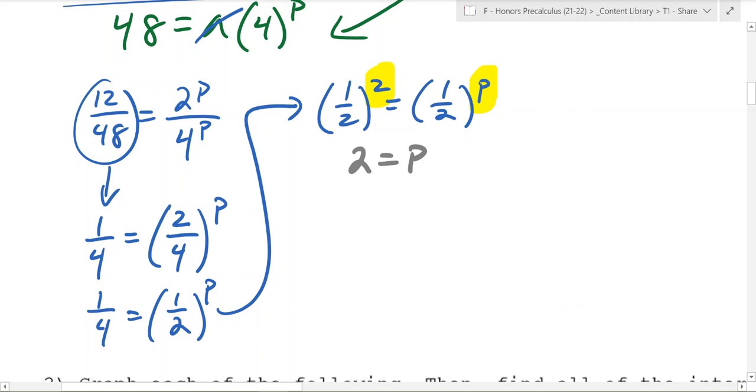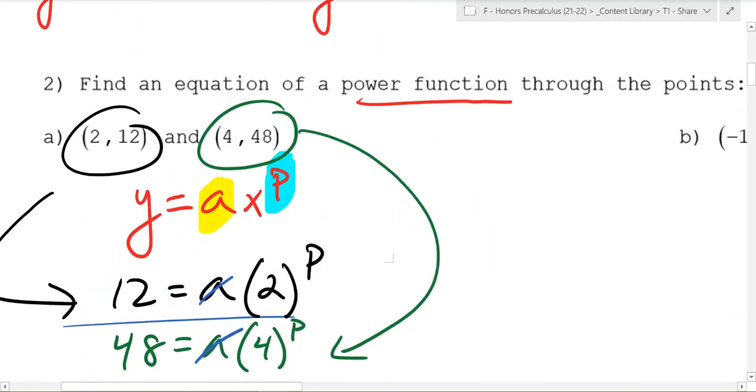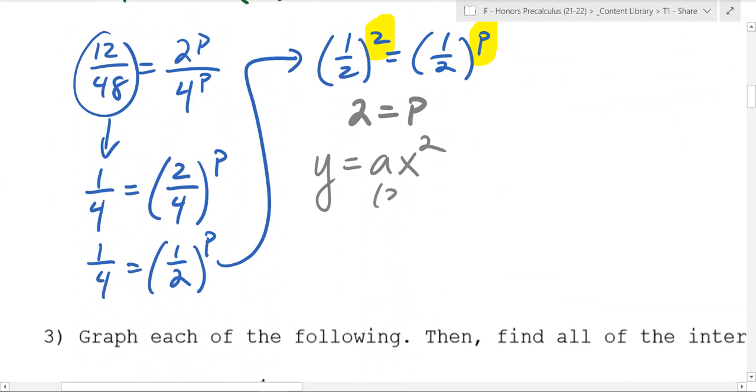That's kind of helpful. So now that tells us that we have y is equal to a times x to the second power. So now we need to solve for a. How do we do that? Well, we pick either one of the points. Let's say (2, 12) was one of the points, and we just plug it in to make it true. So 12 is equal to a times 2 squared.